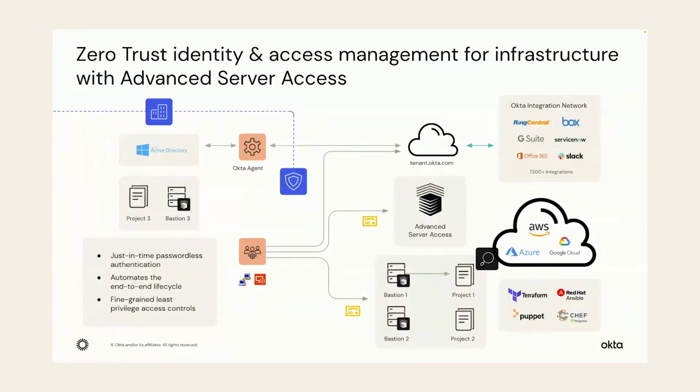Instead of utilizing static keys, Advanced Server Access uses ephemeral credentials as well. And then there's another layer of automated lifecycle management sourced from the system of record to enable velocity at scale. So all of these are accomplished centrally from a single identity provider across your entire hybrid IT environment.